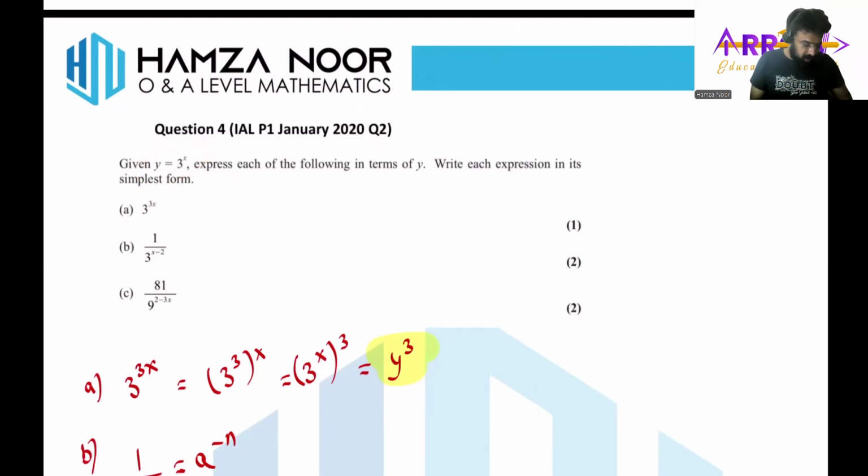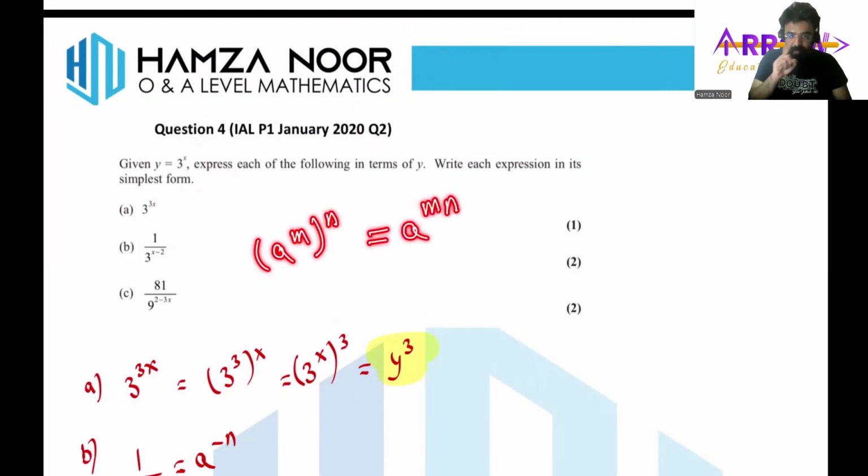Now what you need to understand is that 3 raised to the power of 3x is exactly the same thing as saying 3 cube whole thing raised to the power of x. But at the same time, it also means 3 raised to the power of x whole cube. According to the laws of indices, we have studied a raised to the power of m whole thing raised to the power of n is exactly the same thing as saying a raised to the power of m multiplied by n.